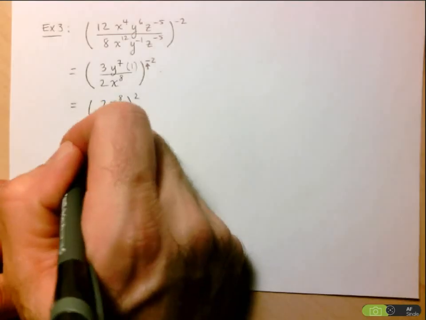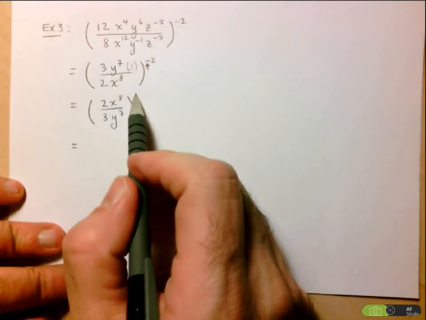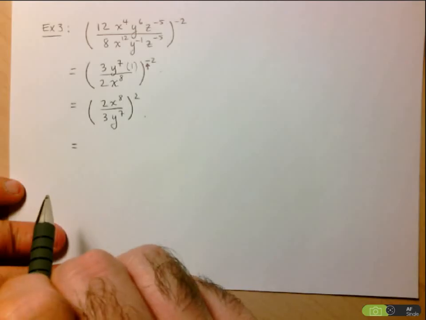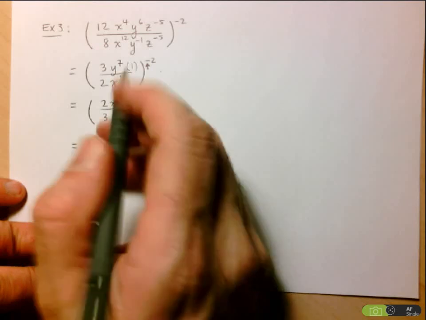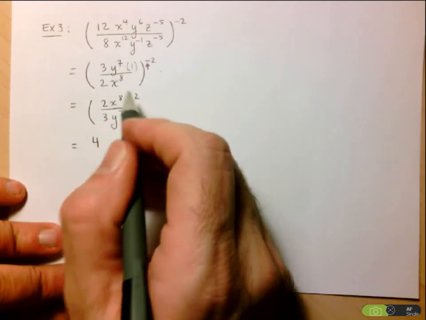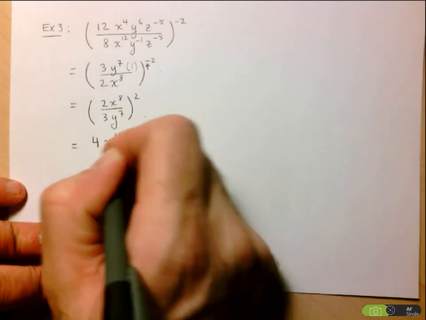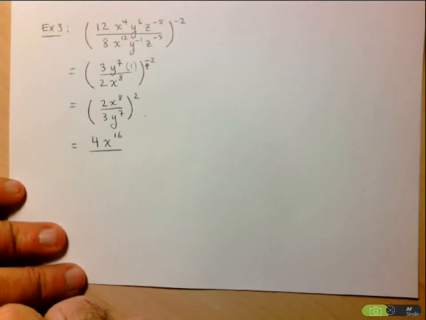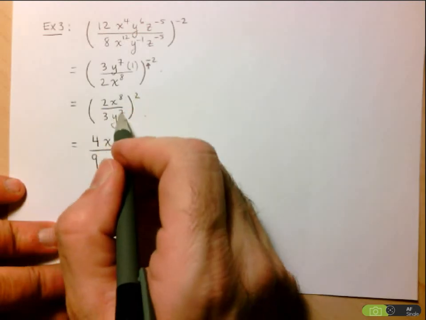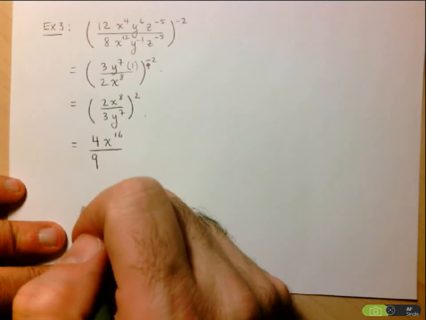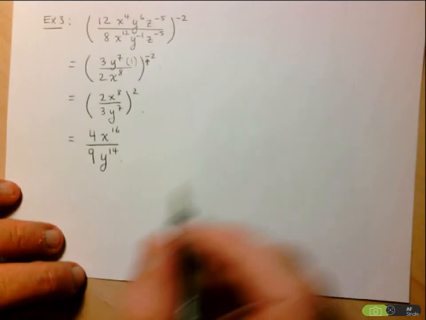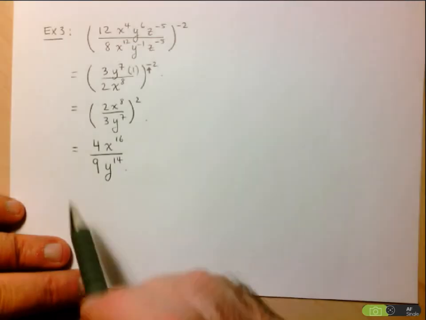And now in my final step, I'm going to distribute this exponent to each term in the base. So 2 squared is 4. x to the 8 squared, I multiply the exponent, x to the 16. And then in the denominator, I've got 3 squared, so that's 9, and y to the 7 squared, so 7 times 2 is 14. And this is the simplest form of the final answer.